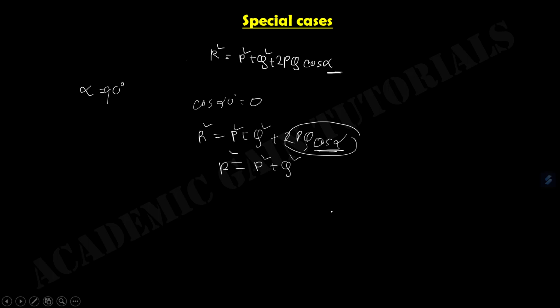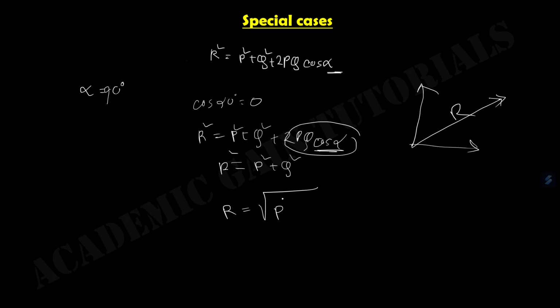So when two vectors are acting perpendicular to each other, the resultant, to find it, we write R equals root over P square plus Q square. Now take an example. Let me remove this.